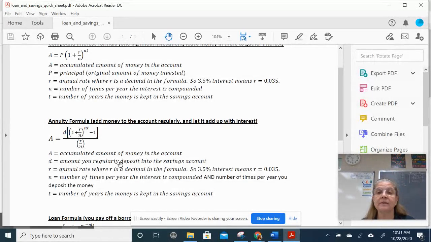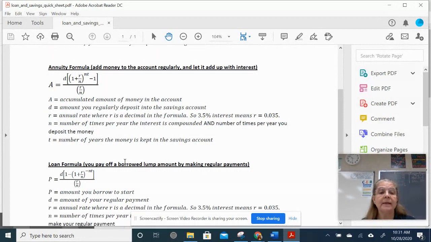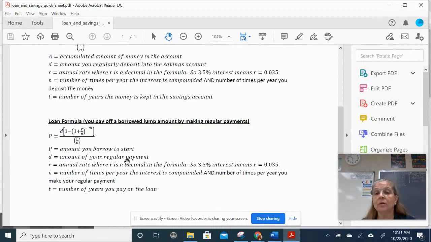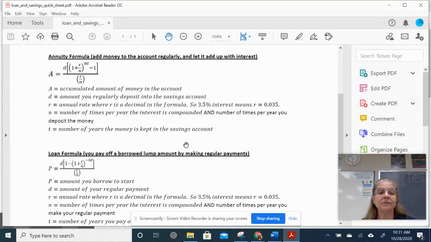And then the last one is if you're going to do a car loan or a house mortgage. That's your loan formula. And it's similar to the previous one. Look at the two formulas.